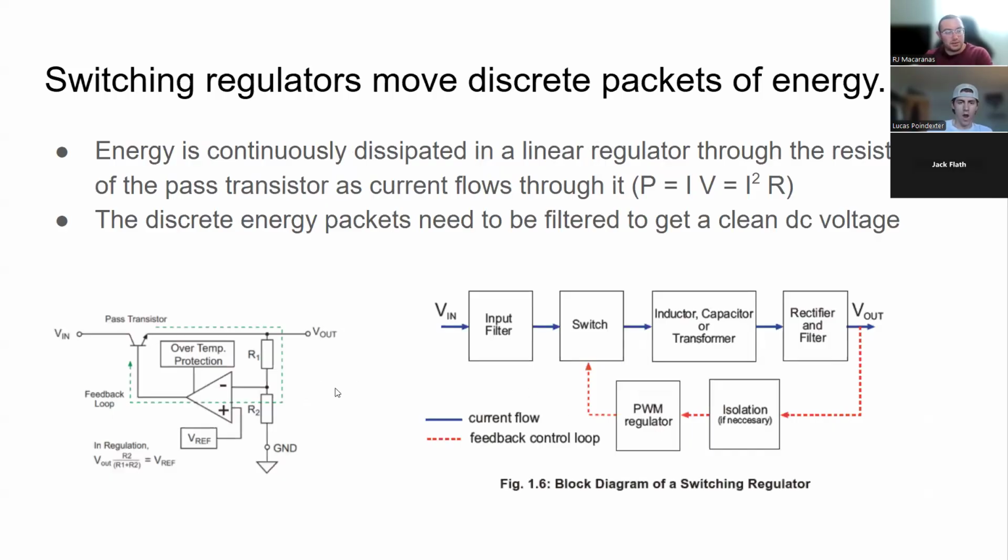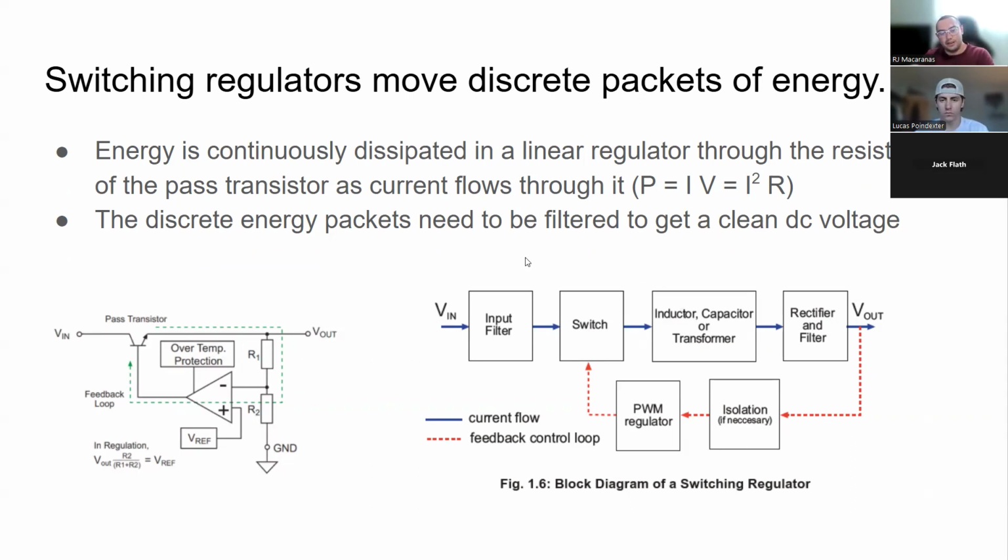So these switching regulators are very different from the linear regulators, and they're actually just moving discrete packets of energy, right? Before, we had energy effectively continuously going through our pass transistor, hence it's a pass transistor. We're just continuously passing stuff over until the output voltage reaches its set point.